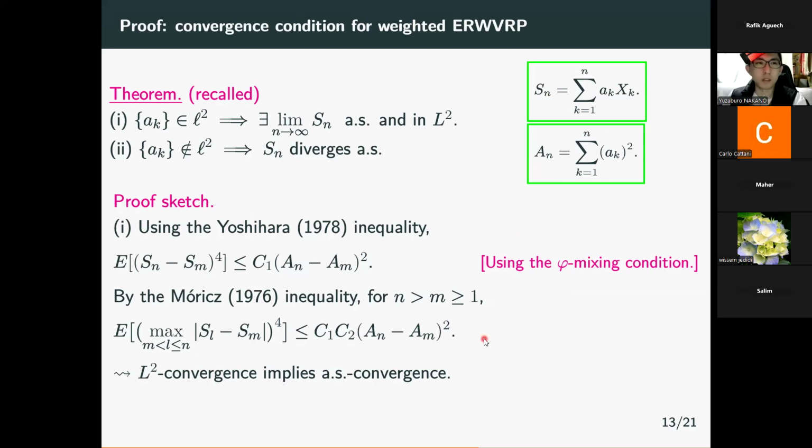We can obtain some martingale from Sn, but it depends on the coefficient An whether being a martingale is possible. By the phi mixing conditions, we can obtain this result. So we don't use the martingale property.